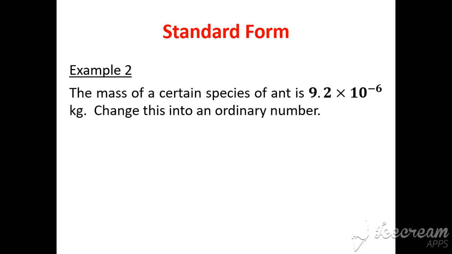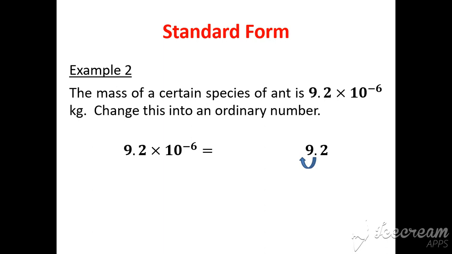All right, example 2. The mass of a certain species of ant is 9.2 times 10 to the power of -6 kilograms. We're going to change this back into an ordinary number. We write down the 9.2, and because it's a negative power, we're multiplying by a tenth, or moving it to the left.